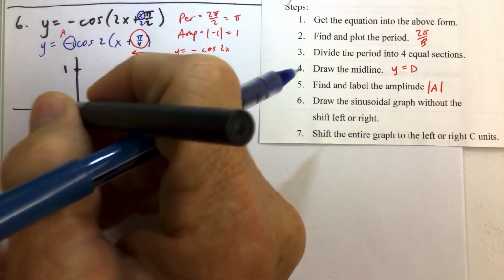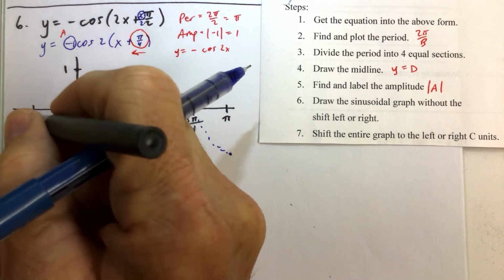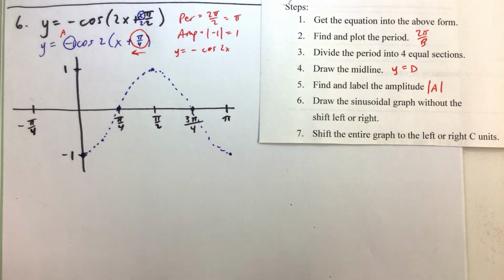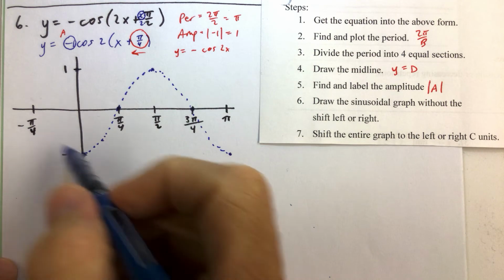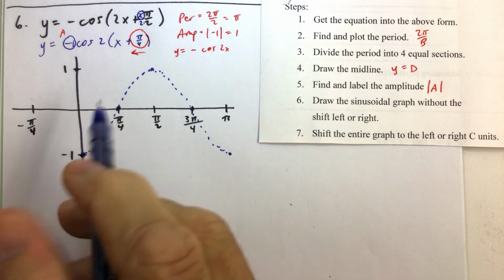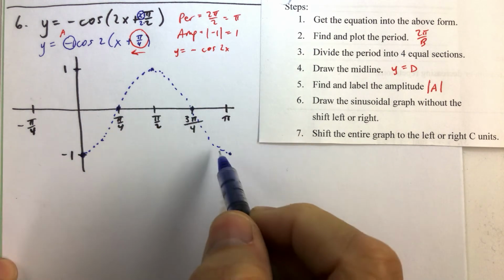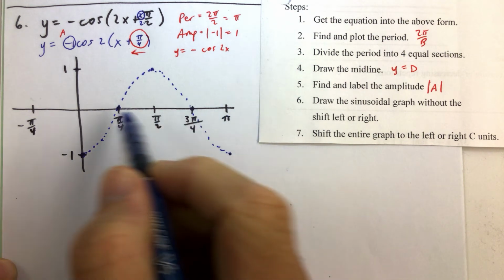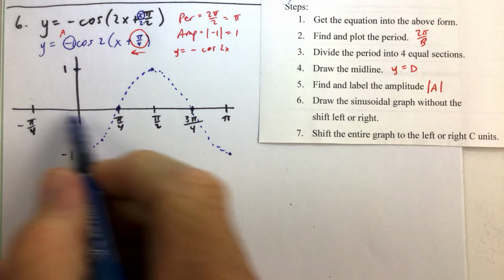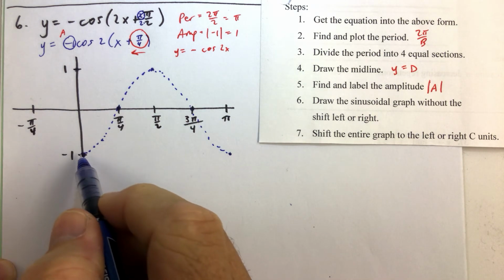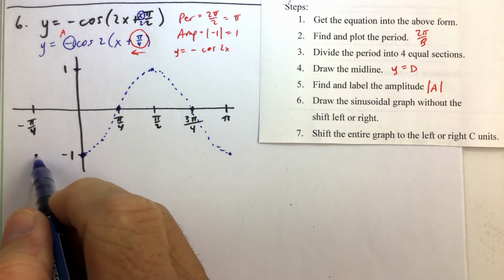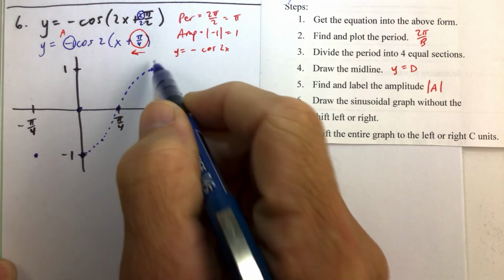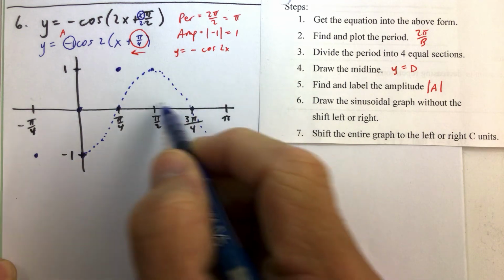Okay, so all we have to do is make another section to the left of the y-axis, so we're going to move to the left pi over 4 radians, which means each of these 5 points moves left pi over 4. And the x-axis is already divided up by pi over 4 radians, and so it's a much easier transformation. We move that point to the left. Each point moves to the left pi over 4 radians.